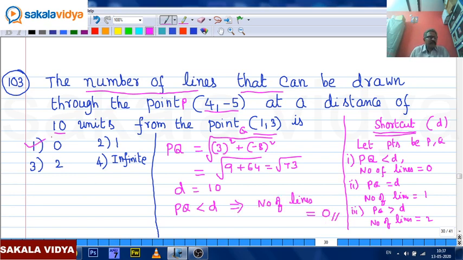So first option is the right option. Because PQ square is equal to 73, d square is 100. PQ square is less than d square, PQ is less than d. So number of lines is equal to 0. Okay.